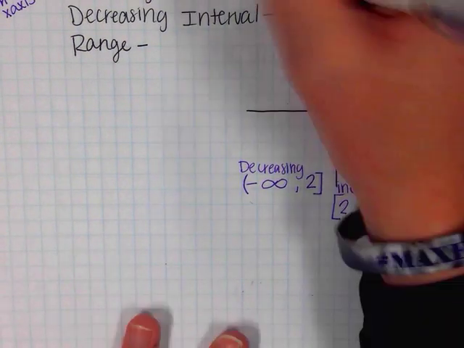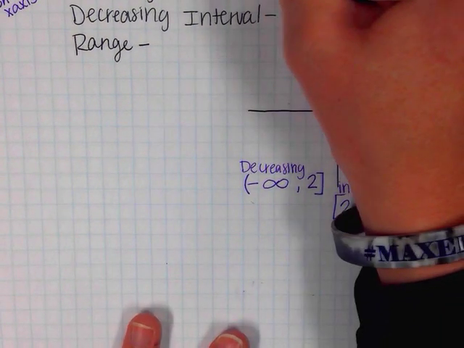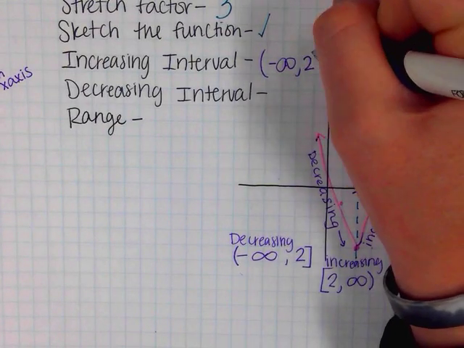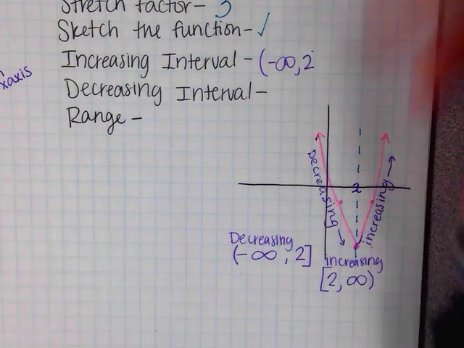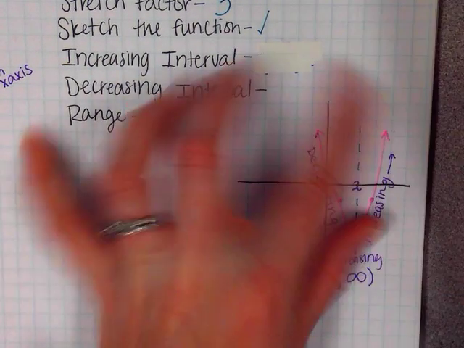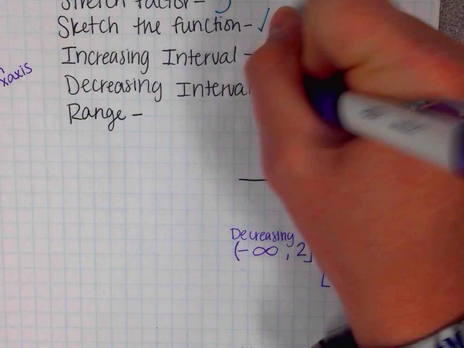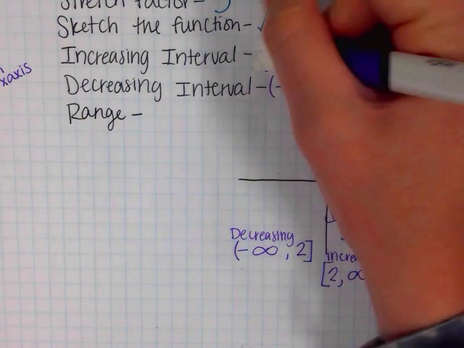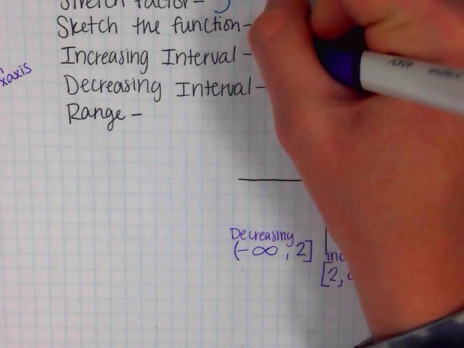Oh man, I wrote that wrong, sorry. The decreasing is from negative infinity to 2, and increasing is from 2 to infinity.